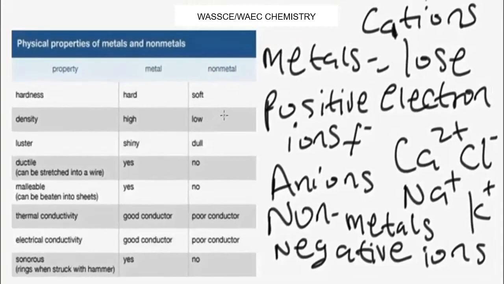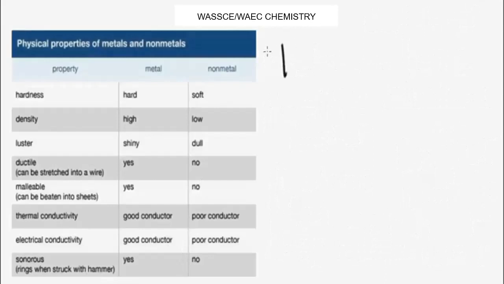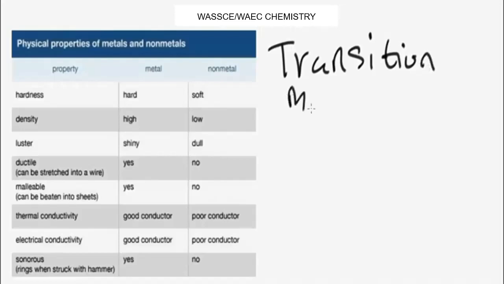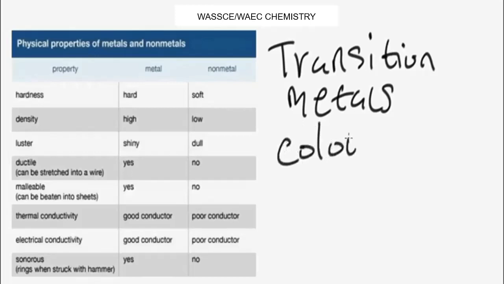Okay, so having known this basic information about the physical properties of metals and non-metals, let's look at that of transition metals. Let me write these parts. For transition metals, now let's look at their peculiar properties. One of their peculiar properties is that they have the ability to form colored ions.